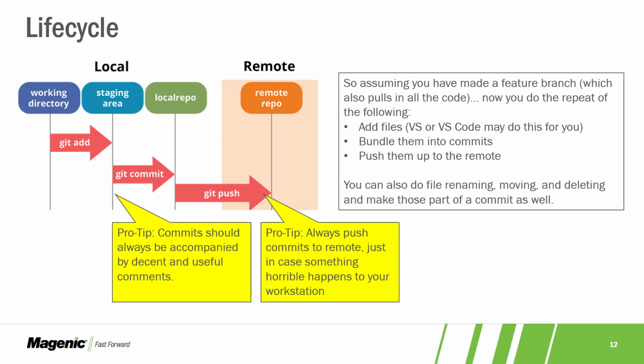Now, I'll point out that the git add step, if you're doing everything using your favorite text editor, say VI, and you're just working from the command line, you're going to have to git add yourself.